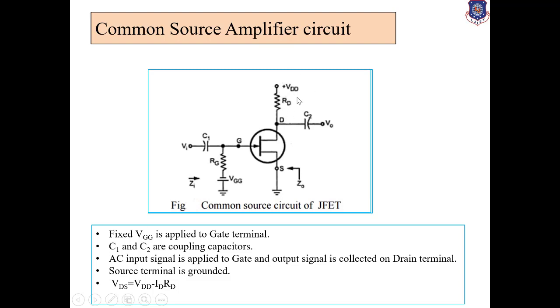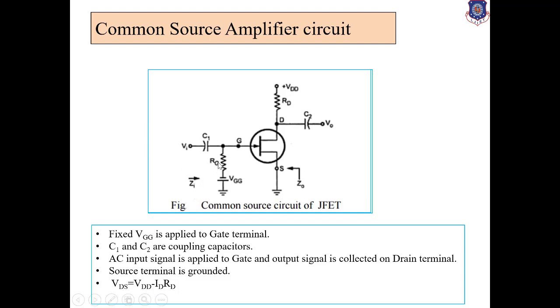The main supply applied is plus VDD. The positive supply is applied to the drain terminal, so the notation given is VDD. It can also be written as VDS in some circuit diagrams.